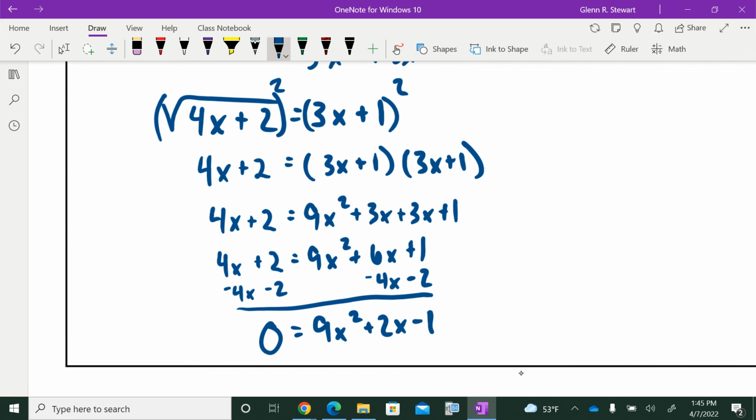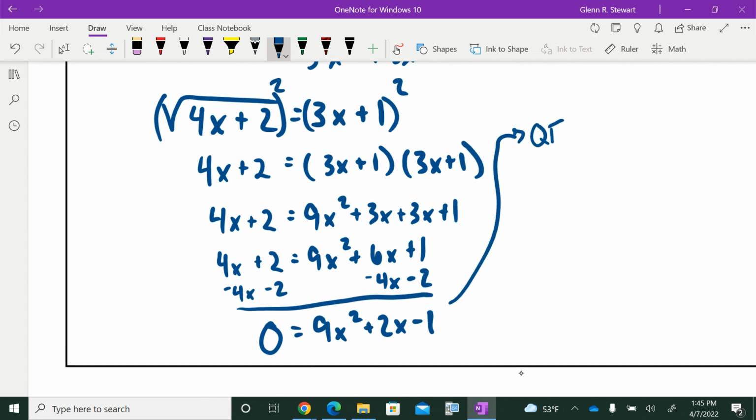And now I have to think, can I factor? Is there anything that's going to multiply to give me 1, multiply to give me 9, and add somehow to give 2? No. So now I have to use the quadratic formula.